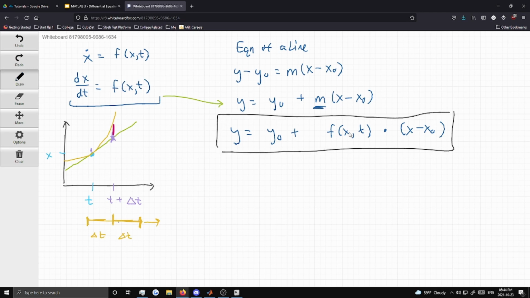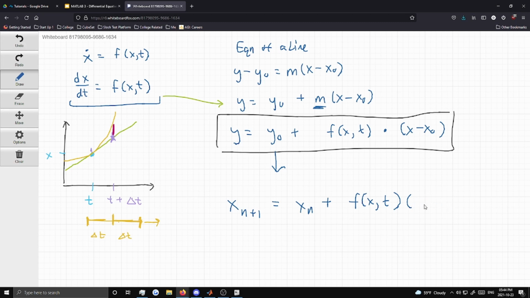This is unrelated to this at the moment. But if we were to combine it all, you might see that I have a bit of terminology issues. But if we were to apply this here, what we would get is that the next step of our function is the previous step plus the slope of that step times the distance in between.